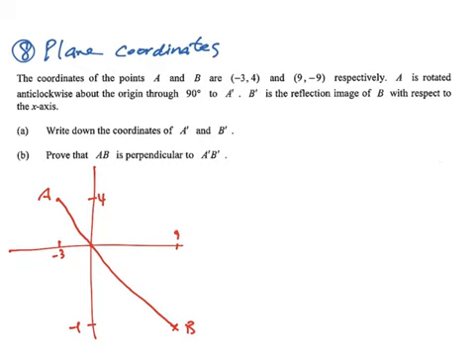For A, it is rotated anti-clockwise 90 degrees to A dash. So for point A, we consider a right angle triangle. It rotates anti-clockwise, that means in this direction. So this base will rotate to here. It is -3.